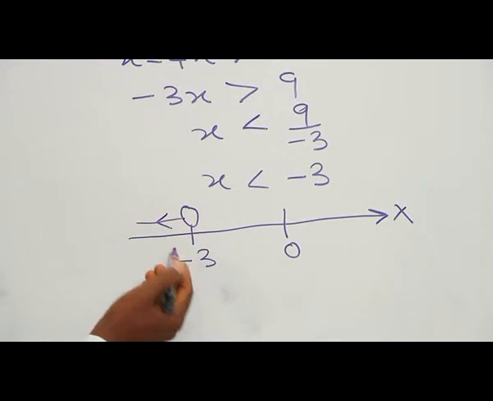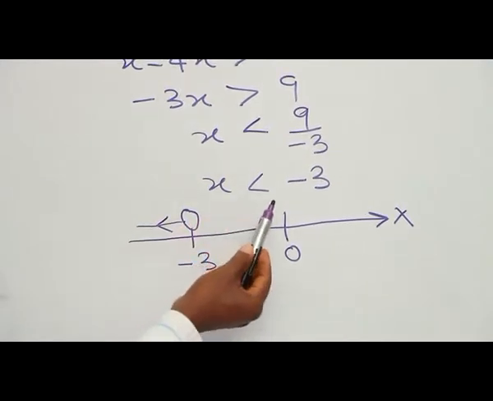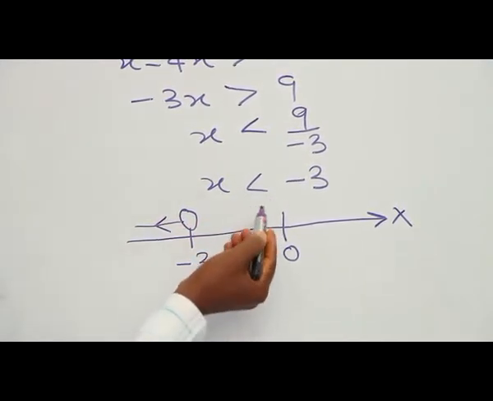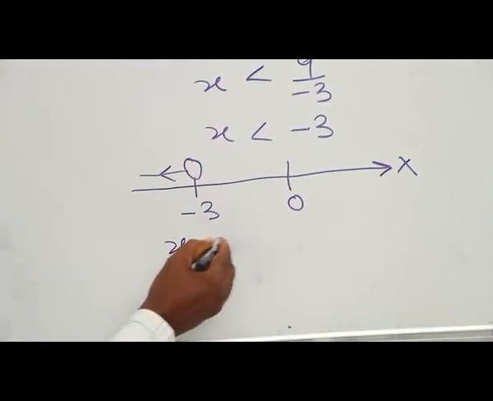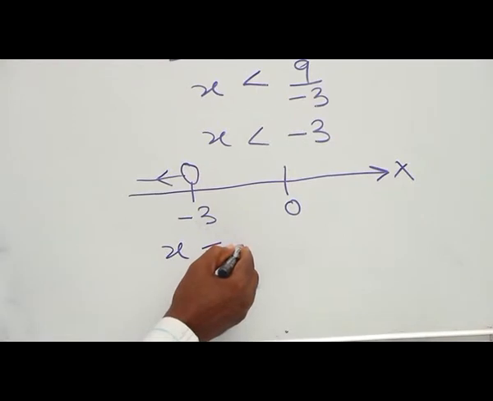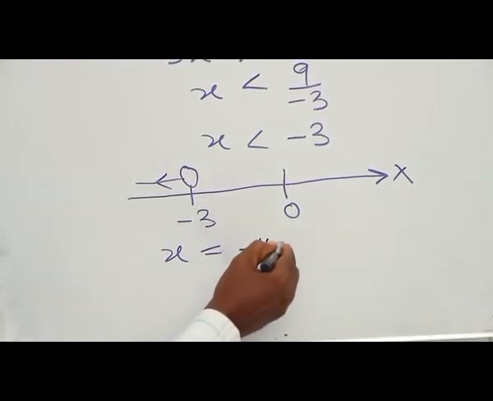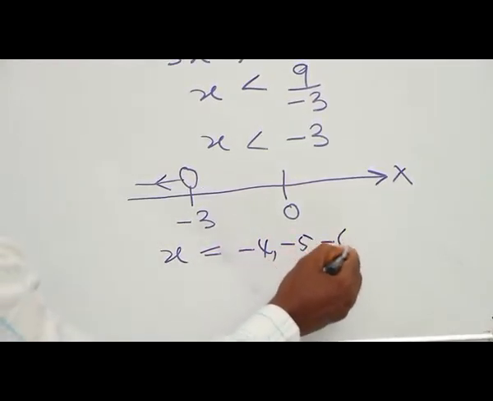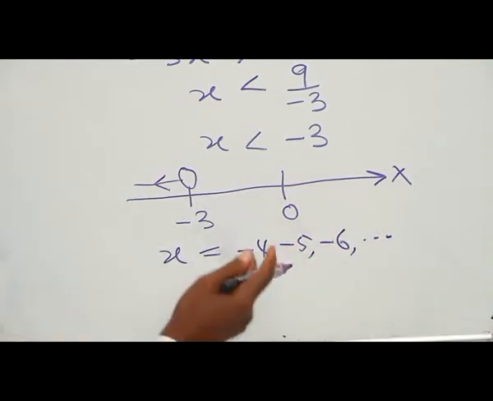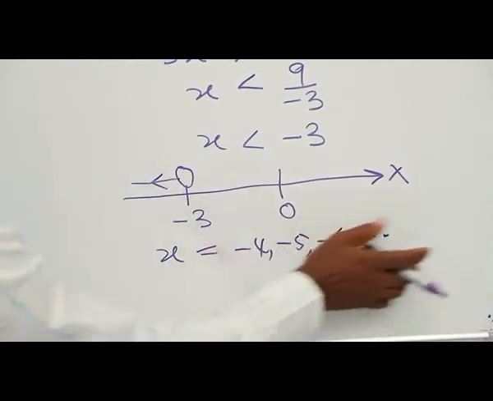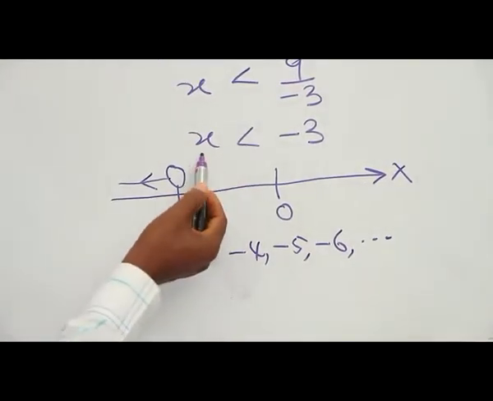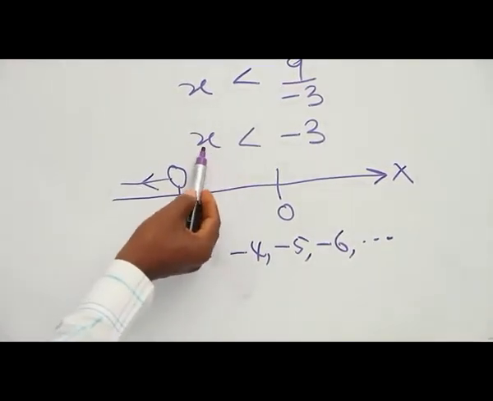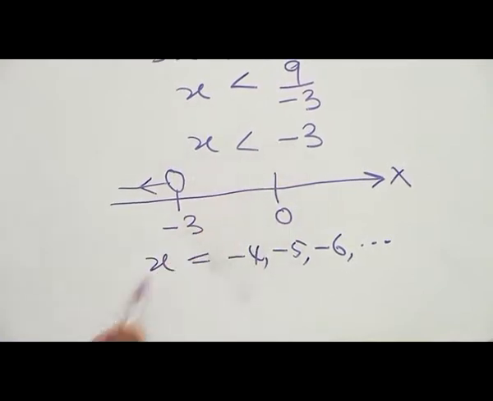Less than minus 3. Actually, the values we have here, if we are asked to list these values, we have that our s should be equal to minus 4, minus 5, minus 6, and it goes on like that. This is the list of values, and this is the range of the solution set. s is less than minus 3.